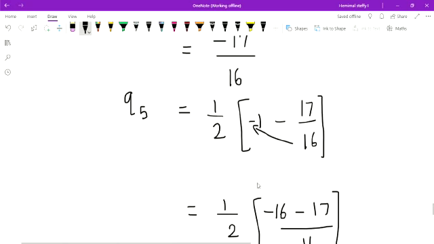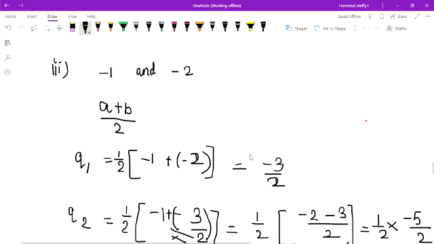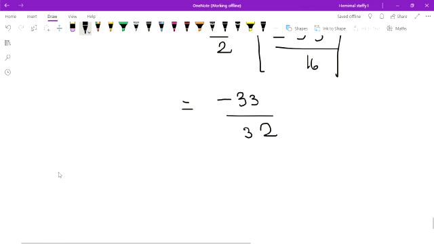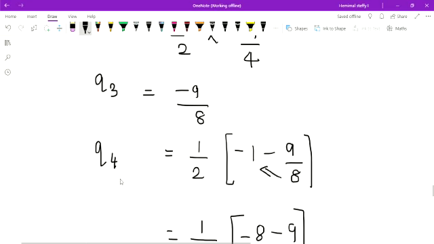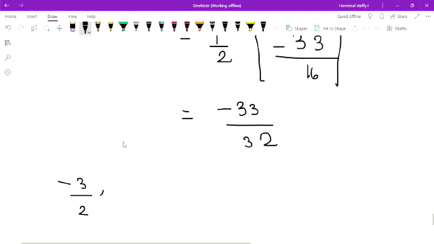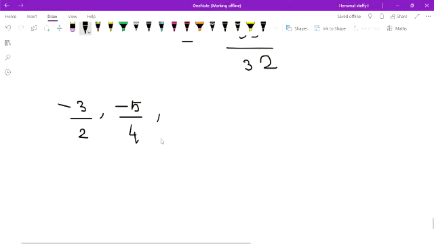Okay, so all 5 rational numbers are finished. What are the rational numbers now? Q1 is equal to -3 by 2. Second one, Q2 is equal to -5 by 4. Third one is -9 by 8.